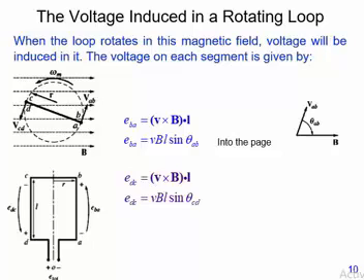Now we calculate the value of voltage induced on the CD or DC segment of the loop. Similarly, in this case, e DC would be VBL sine theta CD, and the direction of V cross B would be out of the page.